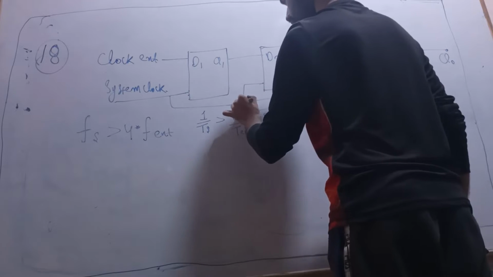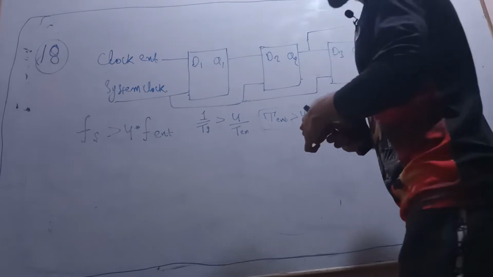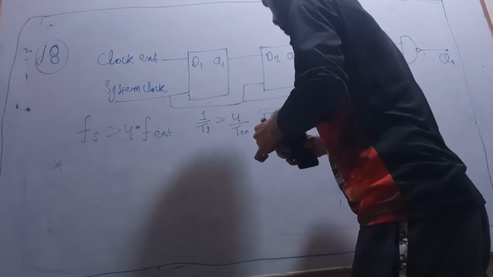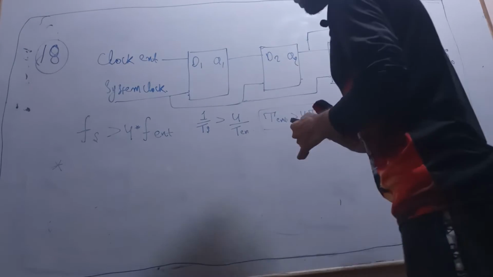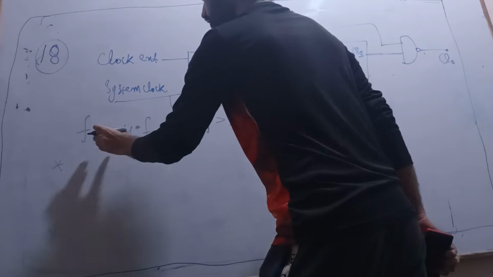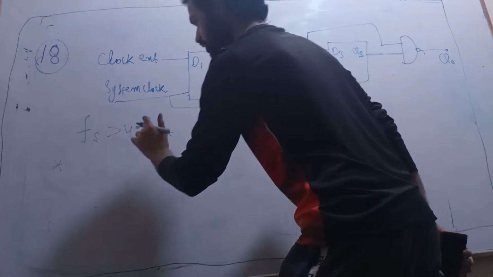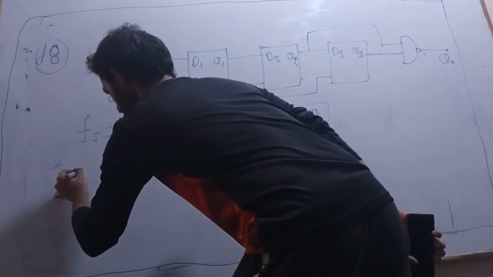Now let us see here. First of all, we will see it through a timing diagram. So let us draw the timing diagram. The system clock frequency is 4 times that of the external clock frequency. First we will draw the timing diagram for this clock.